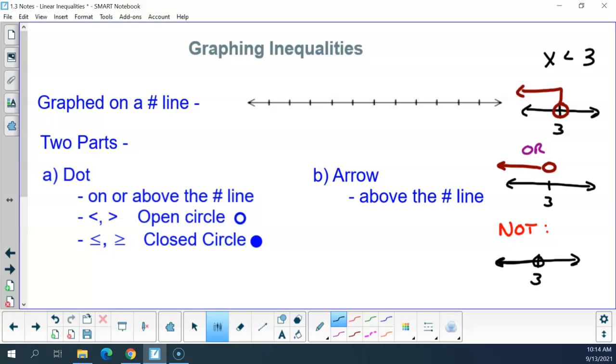More power to you. I'm the multicolored type. I live in the multicolored verse. But some of you are just one color. That last one is not acceptable because I don't know which way it's going. I know 3 is not included because I see the circle around it, but I can't distinctly tell which way it's going, and I need to be able to easily see that. So that is not acceptable.